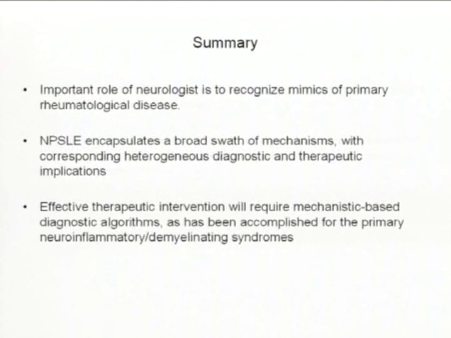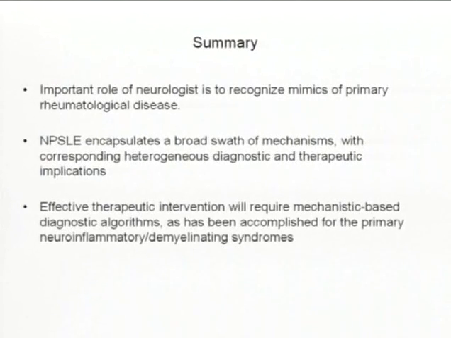So the take-home point is that neurologists are very important in these rheumatic disorders because neurologic morbidity is common and neurologists are specialized to recognize mimics. Neuropsychiatric lupus encompasses a broad swath of mechanisms. And in order to properly treat people, we have to appreciate that there are heterogeneous mechanisms which have corresponding diverse treatment implications.